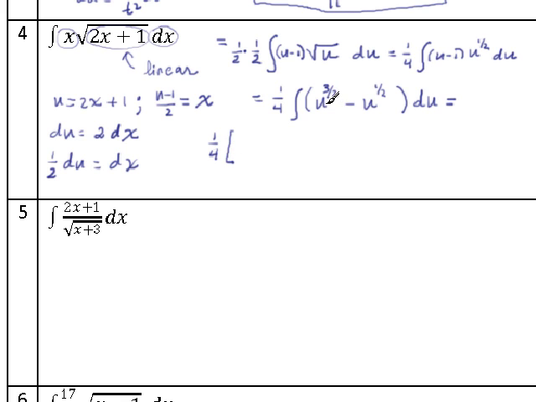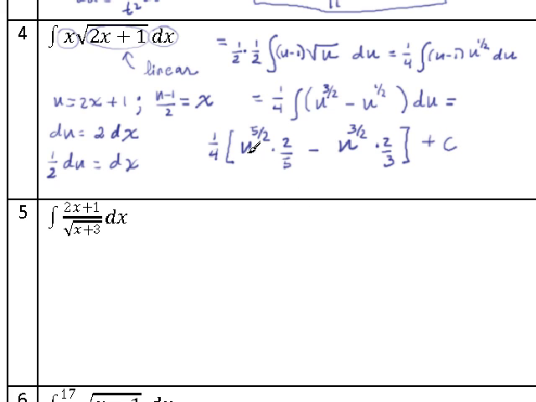Power rule, okay, add 1 to the exponent, add 2 over 2, so we have u to the 5/2. Divide by 5/2, or multiply by 2/5, minus u to the 1/2 plus 2/2, that's u to the 3/2, and divide by 3/2, multiply by 2/3. Okay, and that's our antiderivative.